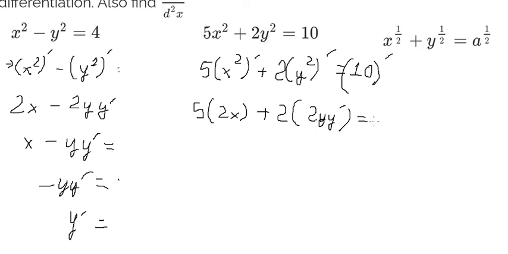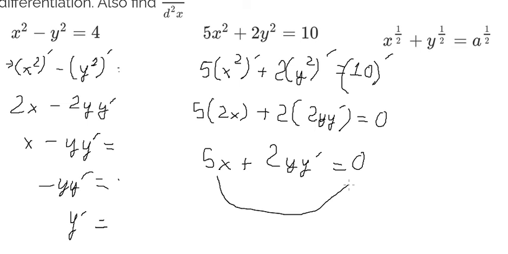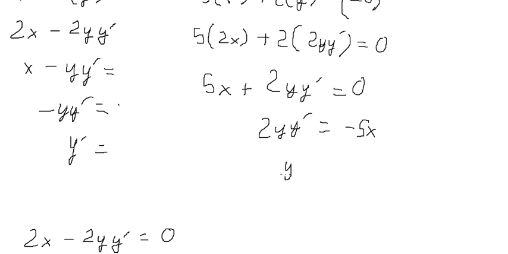This one you get 0. Next, we divide both sides by the number 2. And this one you get 5x plus 2y, the first derivative of y. So we put this one to the right. So we divide both sides by 2y.